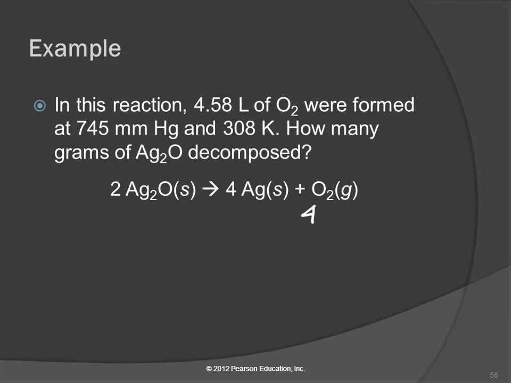They're telling me there's 4.58 liters of oxygen at 745 millimeters of mercury and 308 Kelvin. That's all pertaining to the oxygen. And then the question is, how many grams of silver oxide were decomposed?